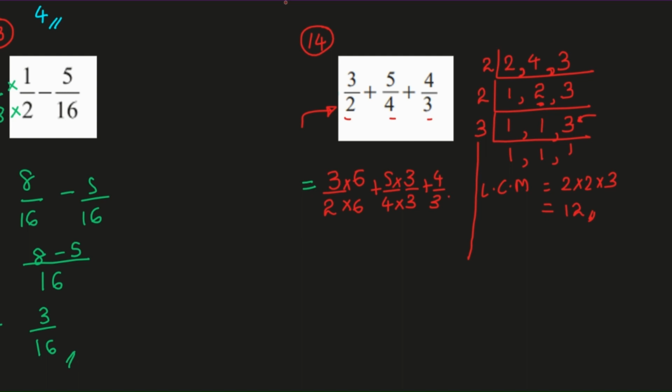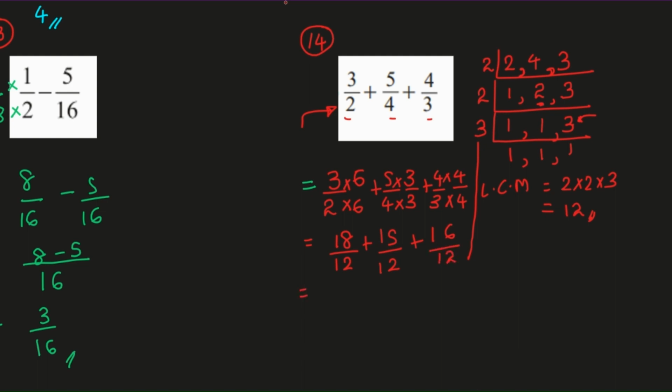You have to convert the denominator into 12, so you multiply it by 4. So the numerator also you are multiplying by 4. The answer will be 18 upon 12 plus 15 upon 12 plus 16 upon 12.